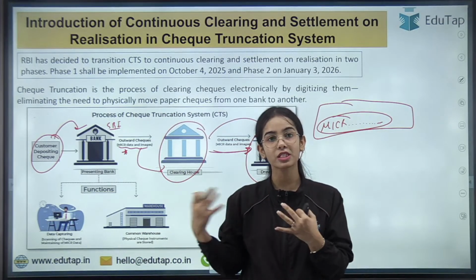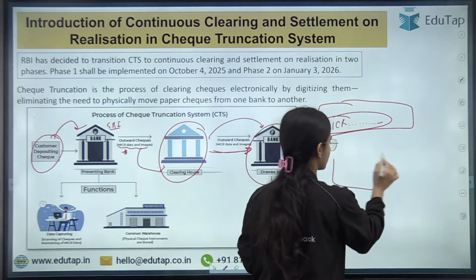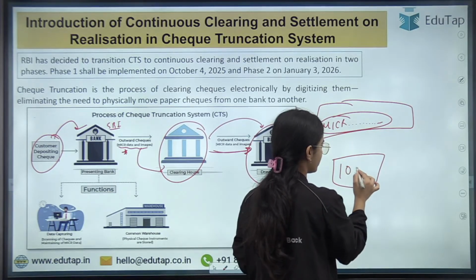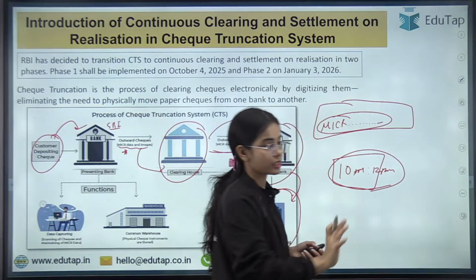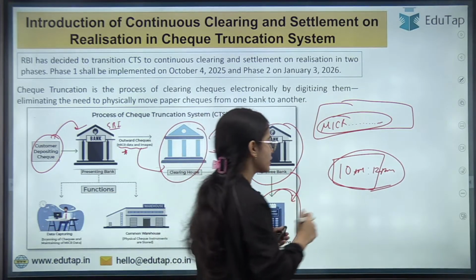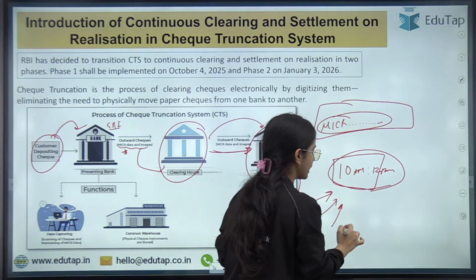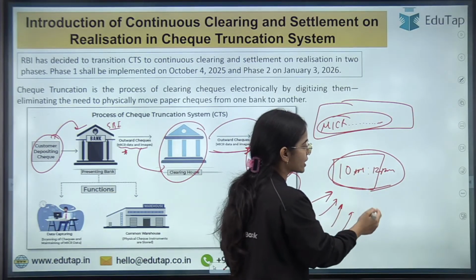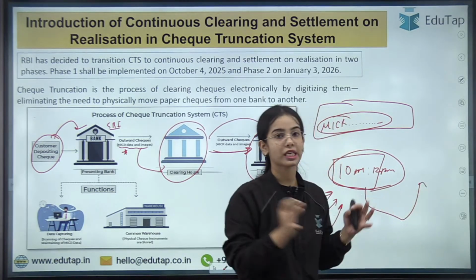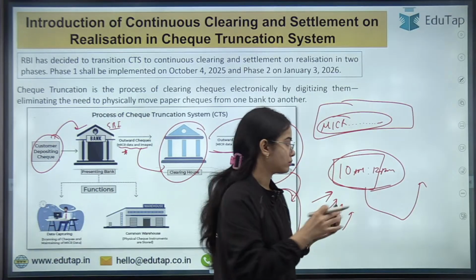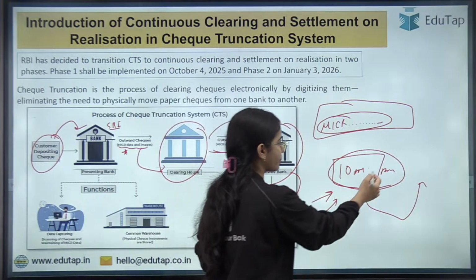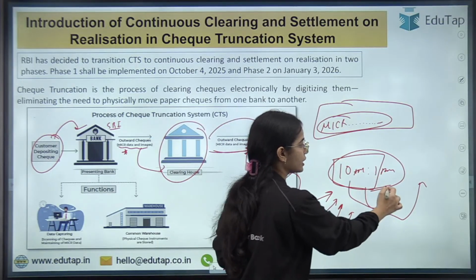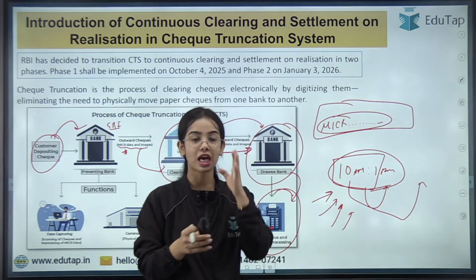Now previously what was happening was that in batches, let's say from 10 AM to 1 PM, whatever checks you were depositing were accumulated.